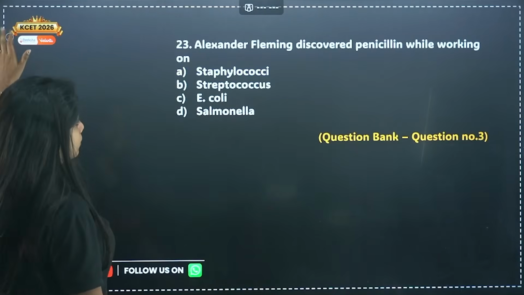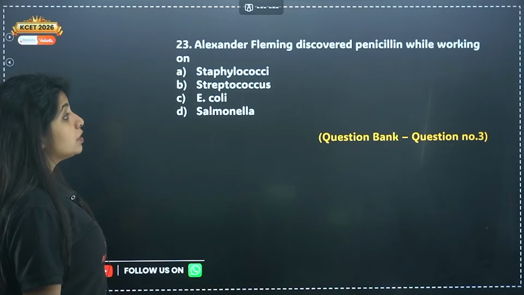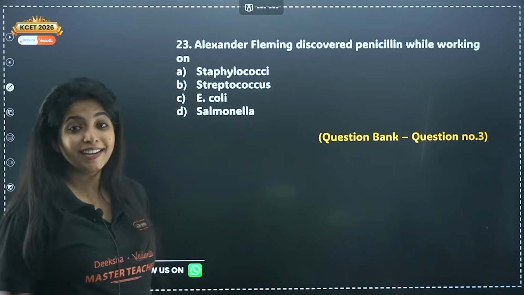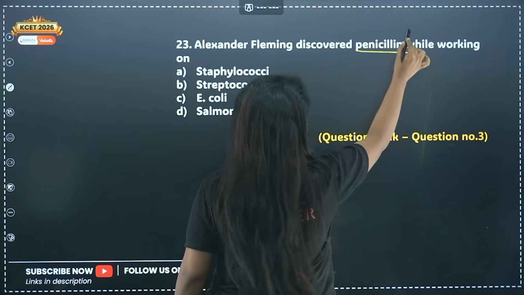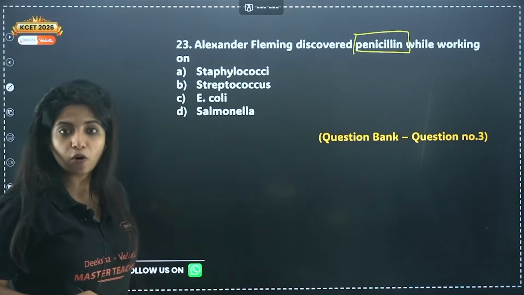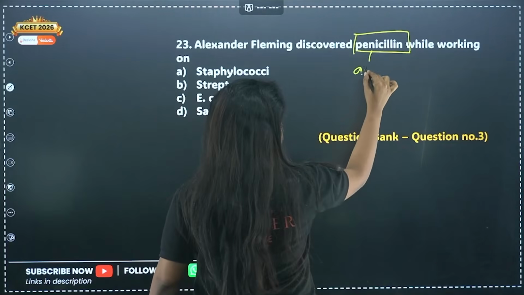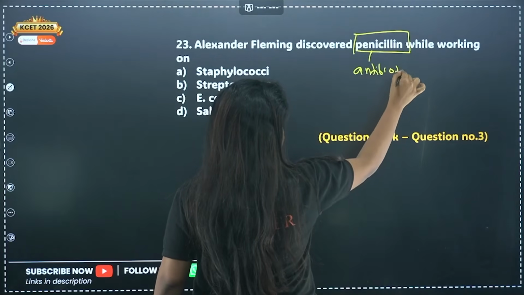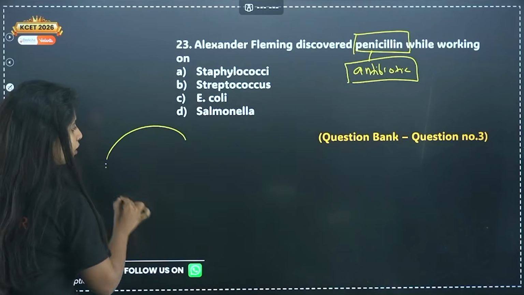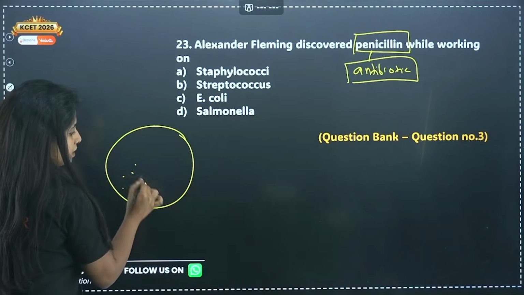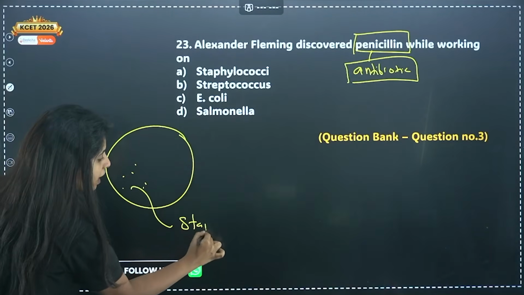Now, Alexander Fleming discovered penicillin while working on... So, we just discussed that. Penicillin, my dear children, is the first drug, or basically antibiotic, medicine, being produced. You know how it was produced? Basically, Alexander Fleming was working on some bacteria whose name is Staphylococci.